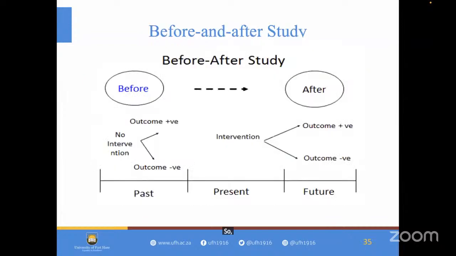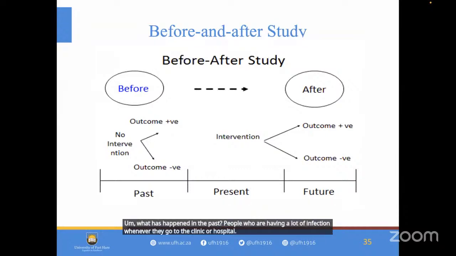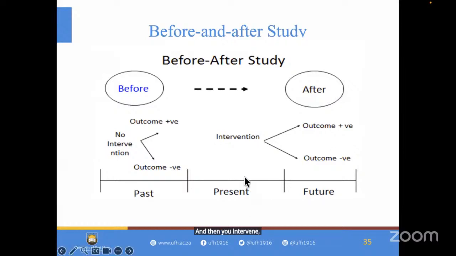So, when we talk about the before and after study, you talk about the past, what has happened in the past, people are having a lot of infection whenever they go to the clinic or hospital. And then you intervene in the present, and then you wait after 6 months to see, which is now into the future, if there's a positive outcome or a negative outcome.